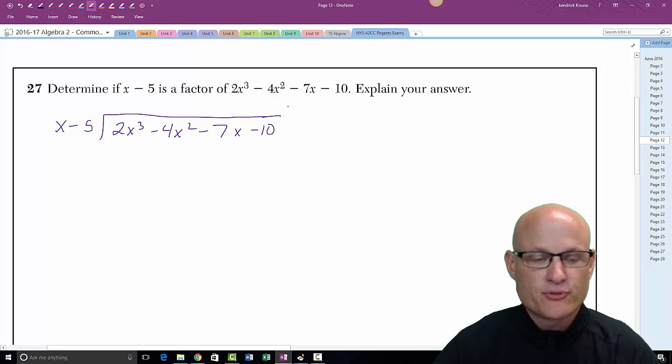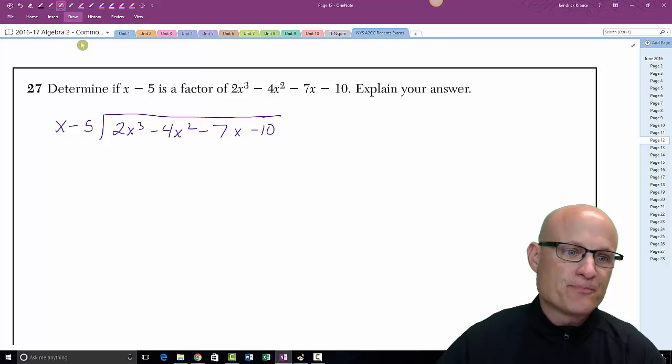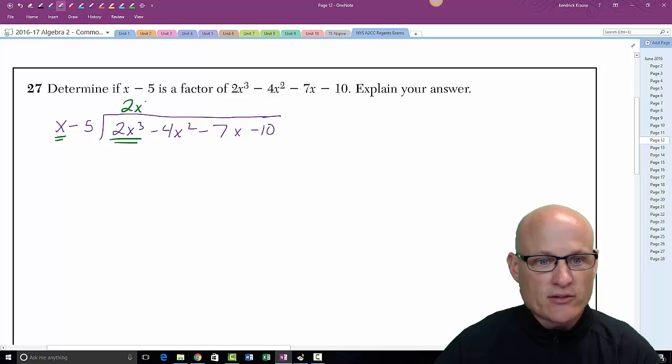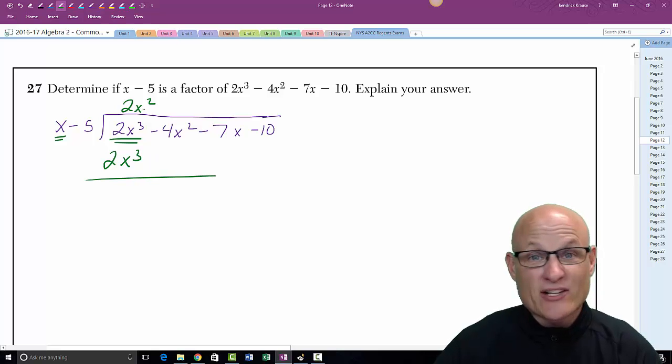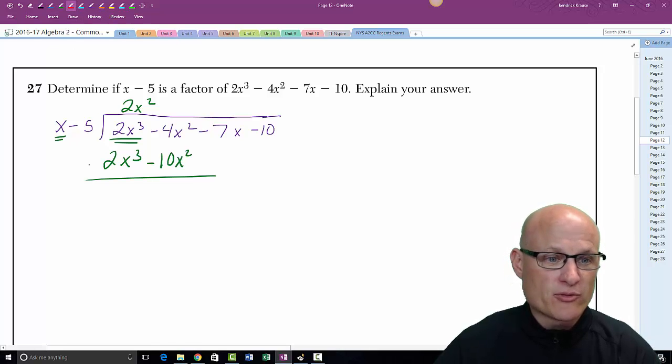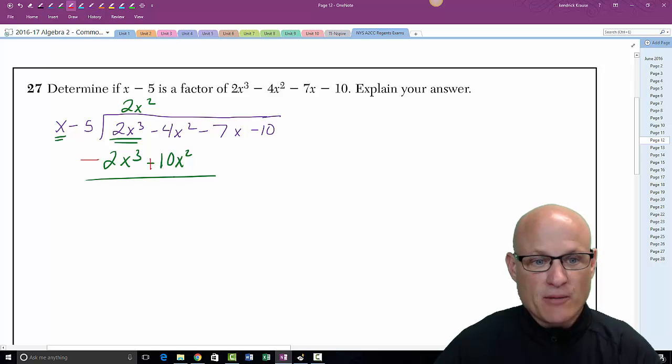So let's see. How many times do I have to multiply x by to get 2x cubed? That's 2x squared. So 2x squared times x is 2x cubed. 2x squared times negative 5 is negative 10x squared. Remember, we're going to subtract. So that becomes add.